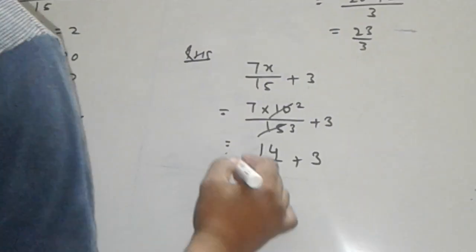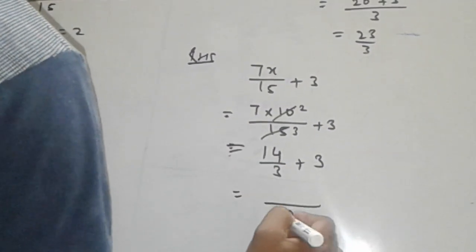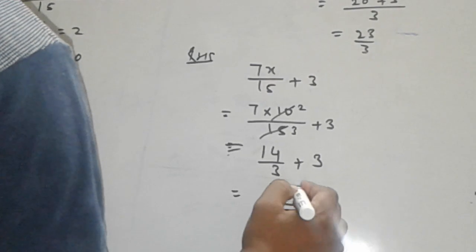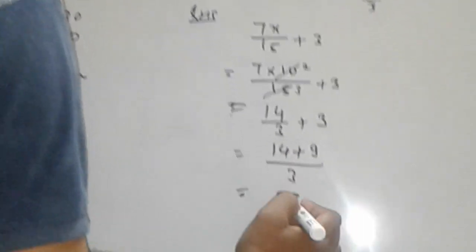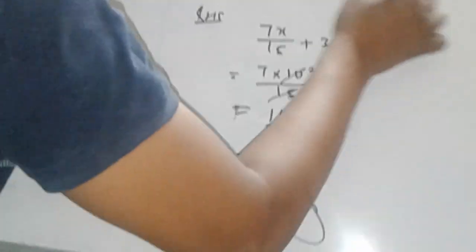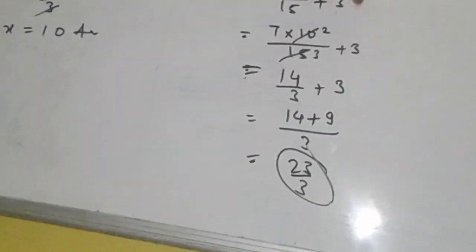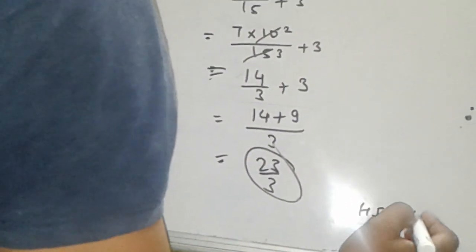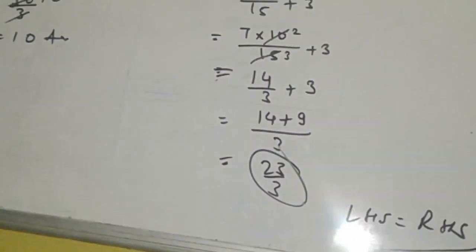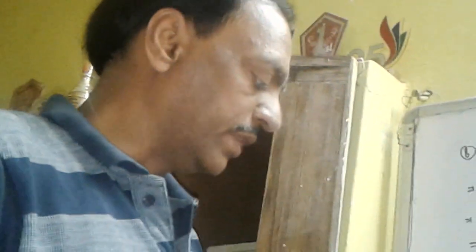And after this, take the LCM. This will be 14 and this will be 9. 14 plus 9, 23 by 3. Now check it. Both the values are equal, so it is verified. LHS equal to RHS. Okay, we will take one more question now.